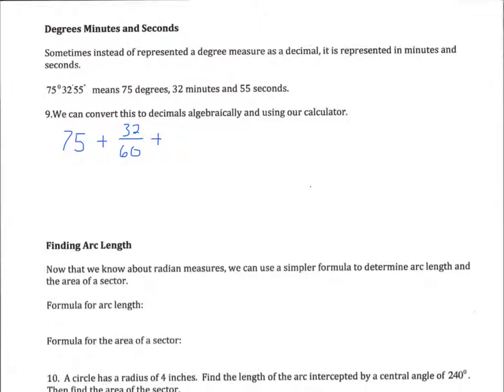So if there's 60 seconds in a minute and 60 minutes in an hour, we have 3,600 seconds in an hour. So this is what decimal they're really talking about. And then we can just plug that into our calculator to get our decimal answer for the degree. So putting that in the calculator, we have to round a little bit, but we get 75.5486.